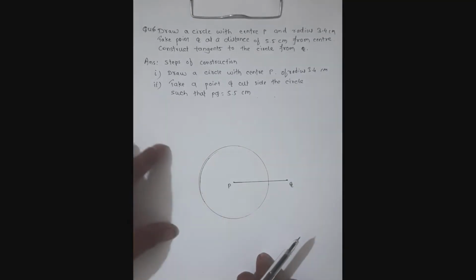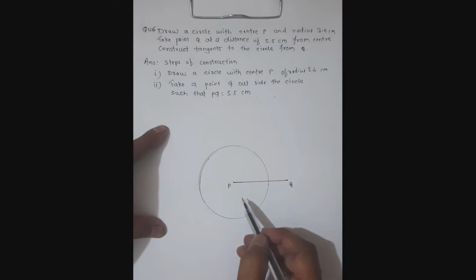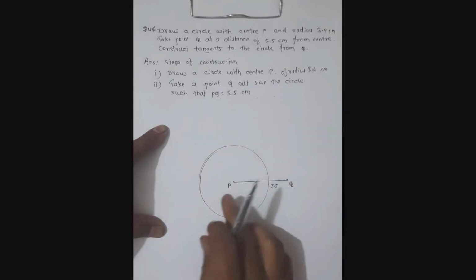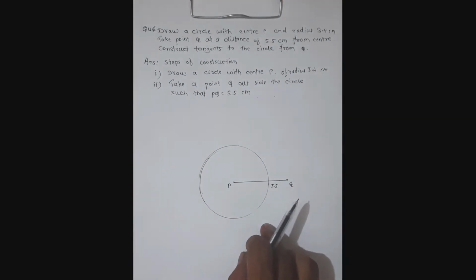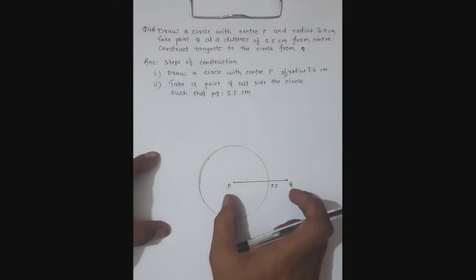That means first we draw here a circle of radius 3.4 centimeter. Then we take point Q, which is at a distance of 5.5 centimeter from the center. Now third step, we draw a perpendicular bisector of this segment PQ.